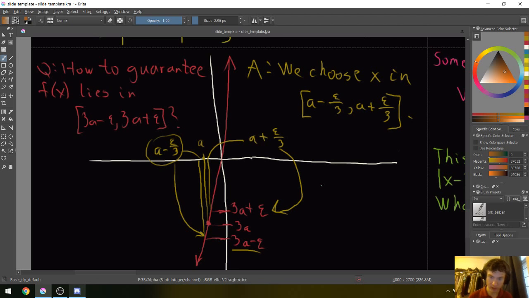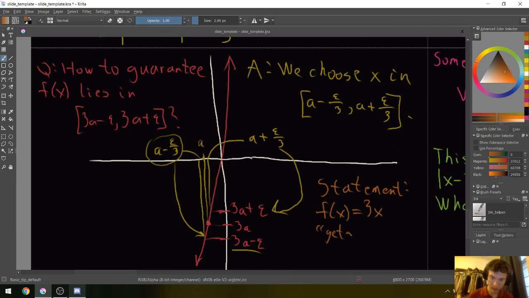Remember, the first thing I said was that our goal for this entire procedure is to rigorously quantify a statement. Here's the non-rigorous statement: the function f of x equals 3x "gets close" to 15 near x equals 5.